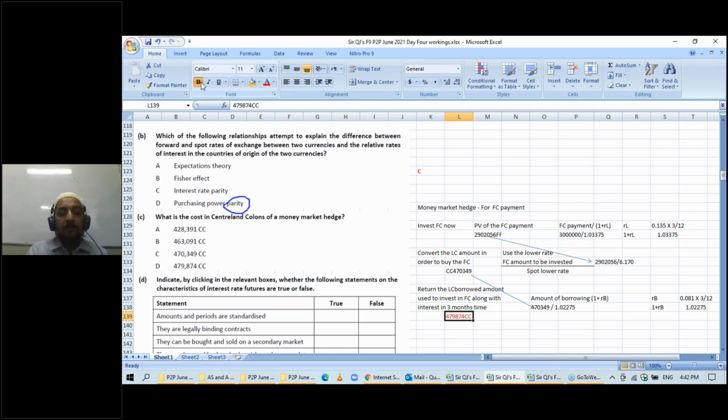Now what happens to the invested amount? The investment amount of 2,902,056, after 3 months time, interest will be included in it, and the amount will become 3 million. And at that time, you will have to make the foreign currency payment.